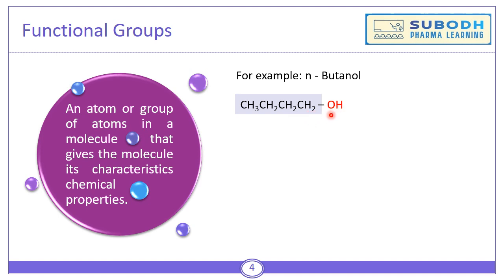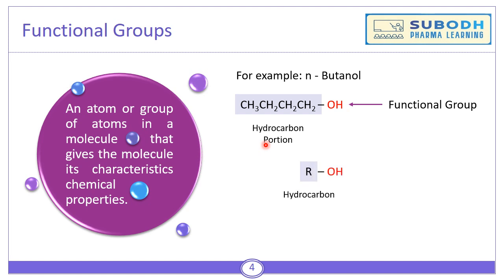The OH group is known as the functional group, and the remaining portion containing only carbon and hydrogen is called the hydrocarbon portion. The hydrocarbon portion can be represented by using the symbol R, to which the functional group is attached.